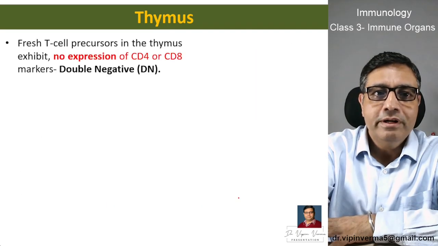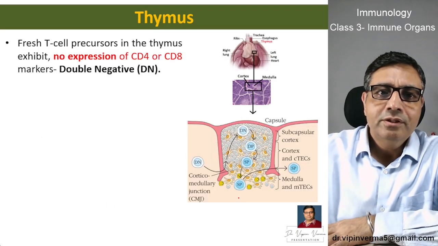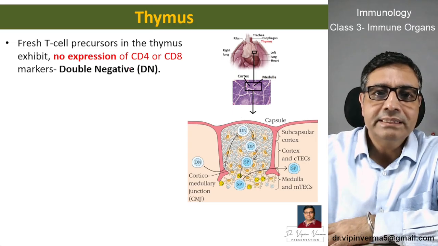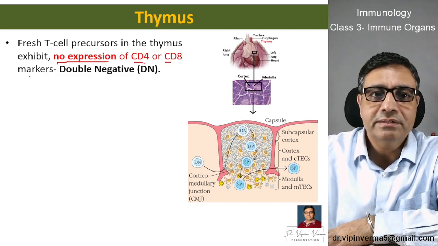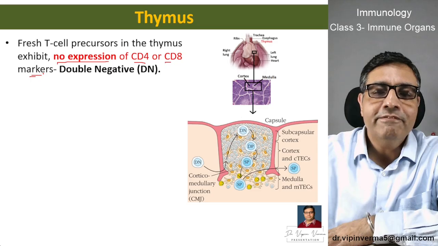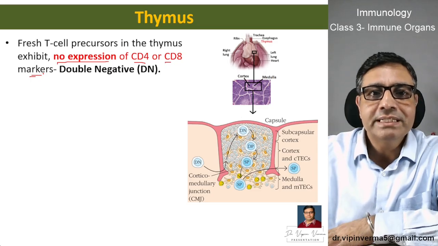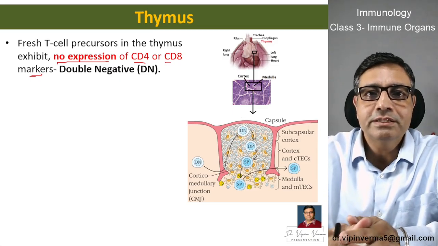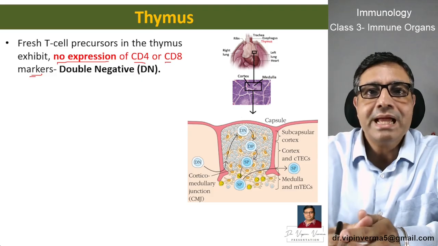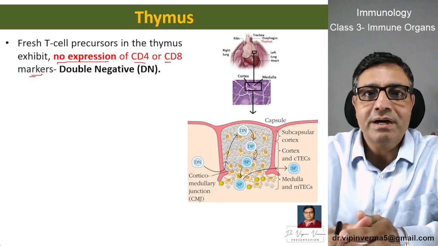Okay. Now, the fresh T cell precursors in the thymus exhibit no expression of CD4 or CD8 markers. I'm sure in our previous discussion we discussed CD4 and CD8 as unique markers of T cells, whereas the CD4 marker is attributed to T helper cells, while the CD8 marker is attributed to T cytotoxic cells or TC cells.